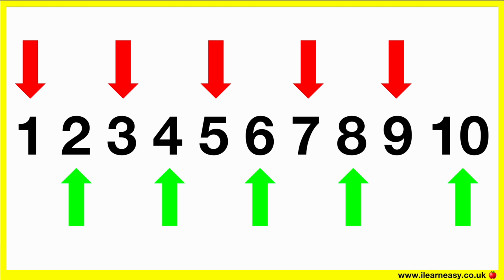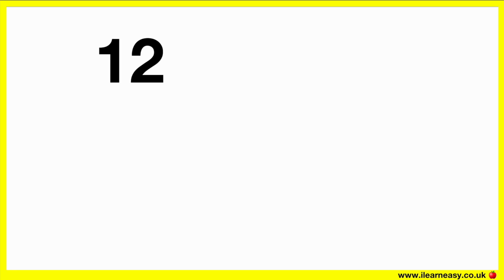So to recap, every number that ends in 2, 4, 6, 8 and 0 is an even number. And every number that ends in 1, 3, 5, 7 and 9 is an odd number. Now let's look at some examples. 12. The number 12 ends in the number 2.